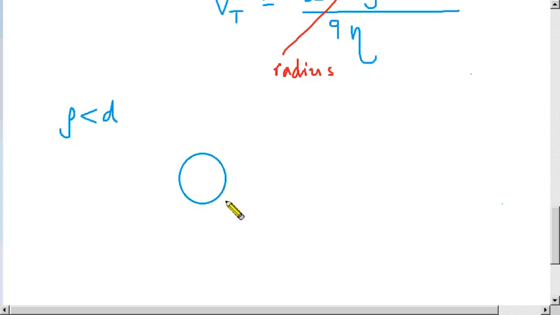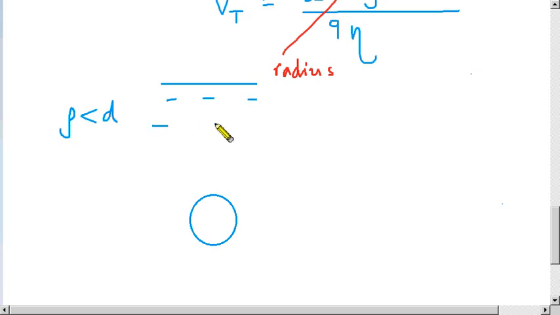When we release it from the bottom of a liquid, say in a pond, since ρ is smaller than the density of the medium, it moves upwards. When the density is like that, it tries to float. So it moves upward.